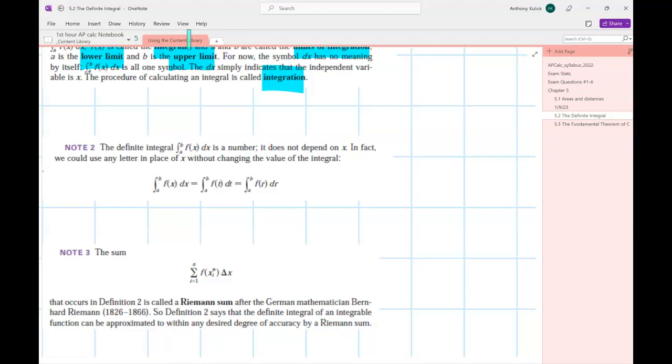So keep in mind, this definite integral is just a number, right? The answer to this is a number. It's not an equation, it's not a variable, it's not a function, it's a number. And that number does not depend on x, right?